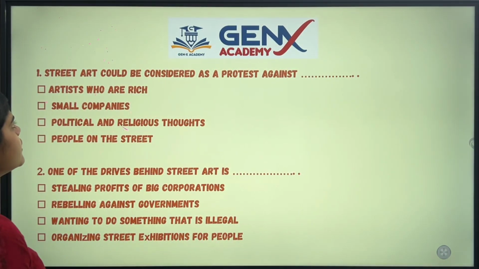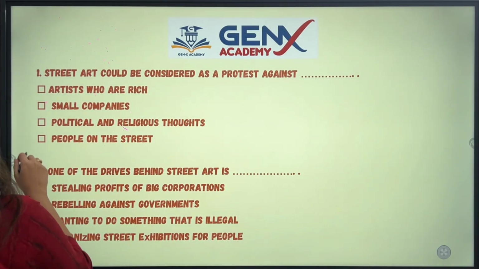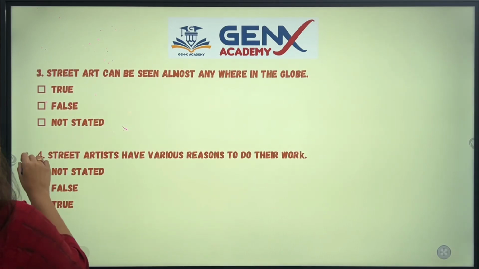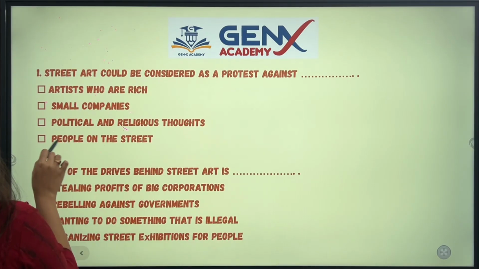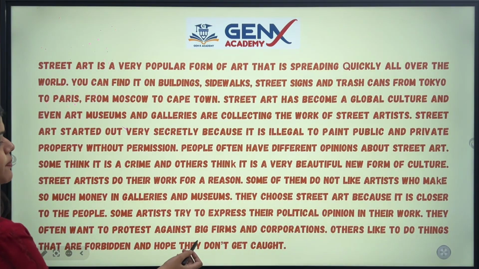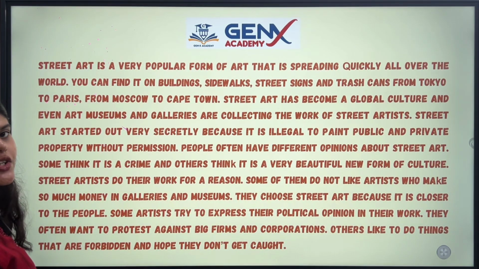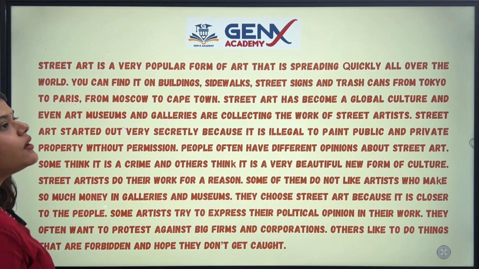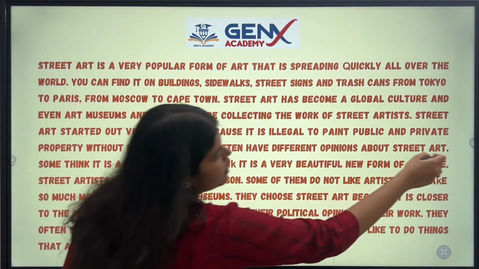The first question here is, street art could be considered as a protest against. So, we have already seen it in the passage that street art is a protest against big firms and corporations. So, people who are rich.